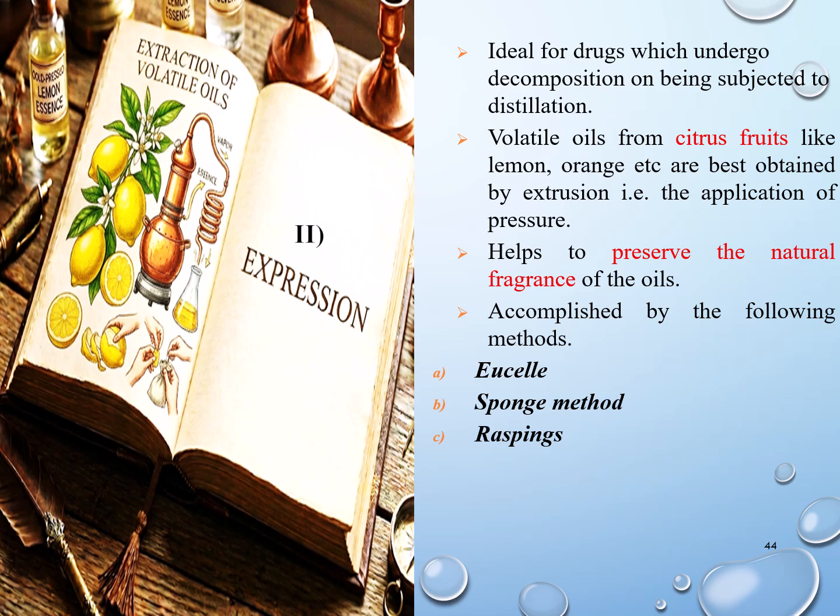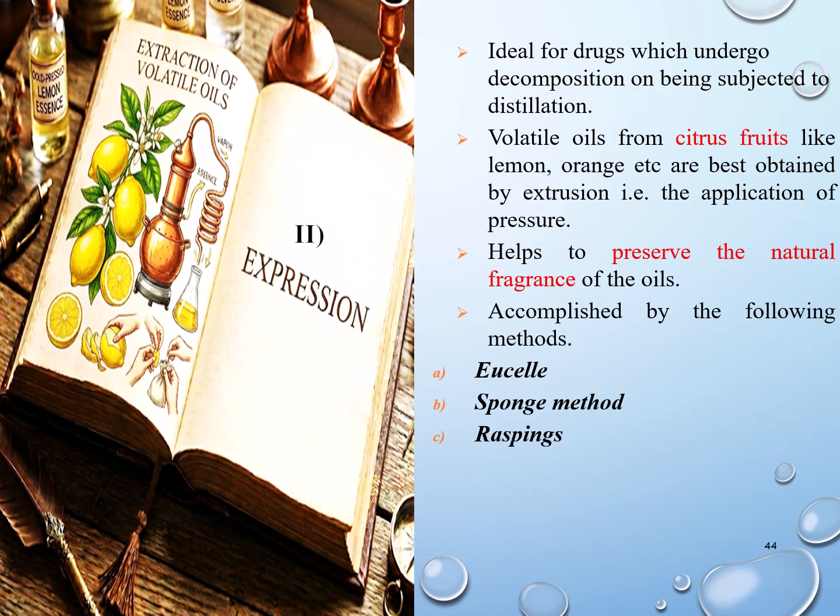Next method is expression. This is mainly used for thermolabile drugs. That means those drugs which are degraded on application of heat, or those drugs which degrade on contact with heat.